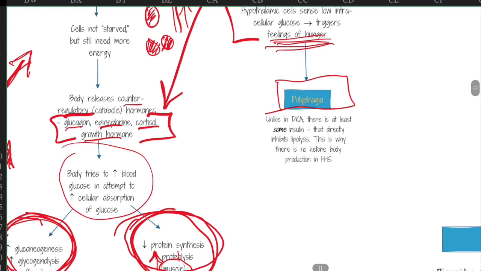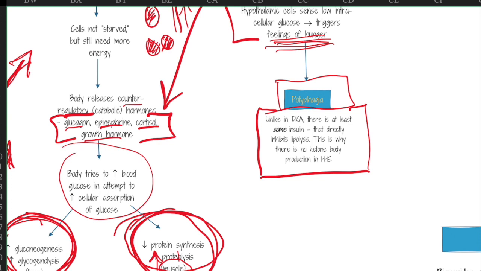So what's really, really important here is that in DKA, remember when we get to the point where the body has no insulin at all, and it starts to break down lipocytes or fat cells for energy.